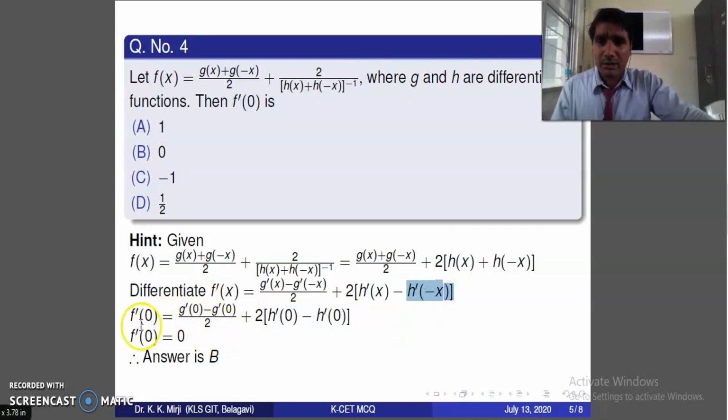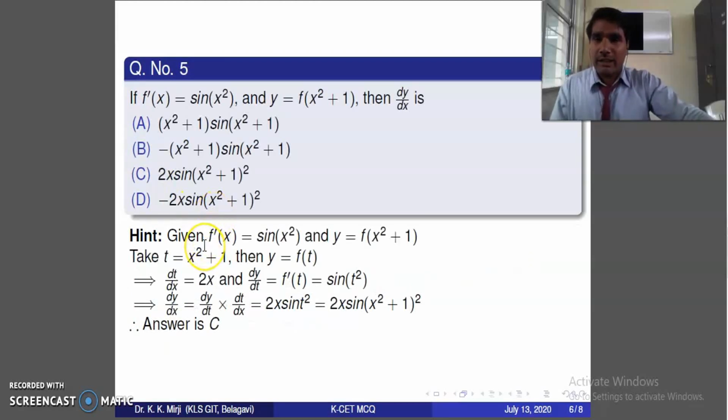If you put x equals 0, here you will get f dash of 0 is equal to g dash of 0 minus g dash of 0, because minus 0 is 0 only, so we can write g dash of 0, divided by 2 plus 2 times h dash of 0 minus h dash of 0. That is, g dash of 0 cancels, and h dash of 0 cancels. So the answer is f dash of 0 is equal to 1. So B is the answer for this question number 4.